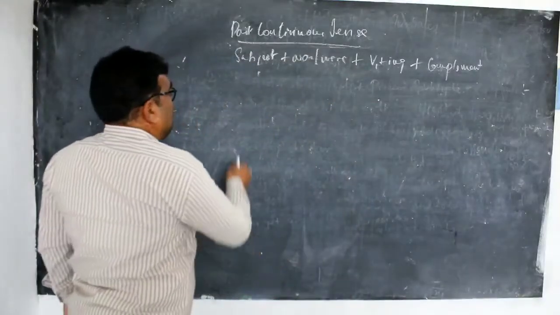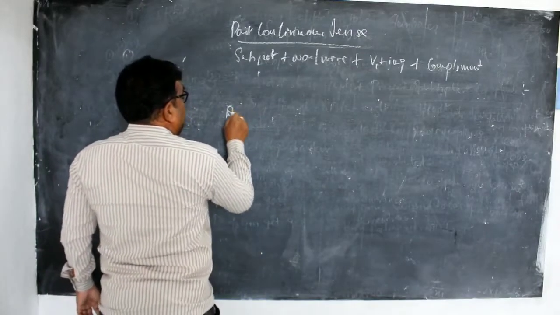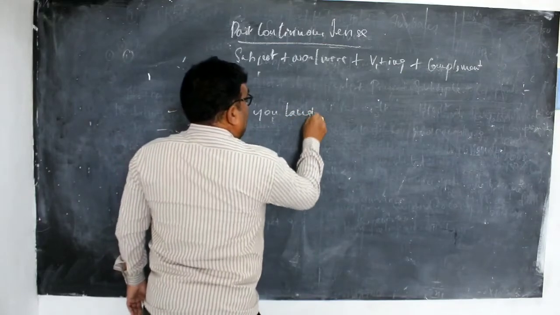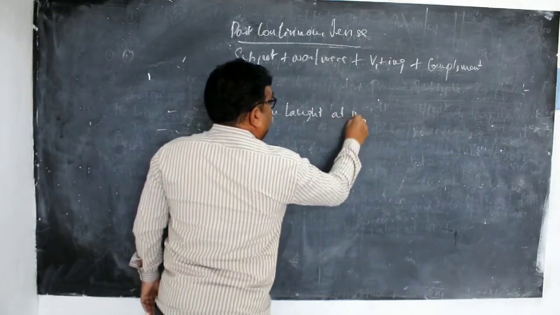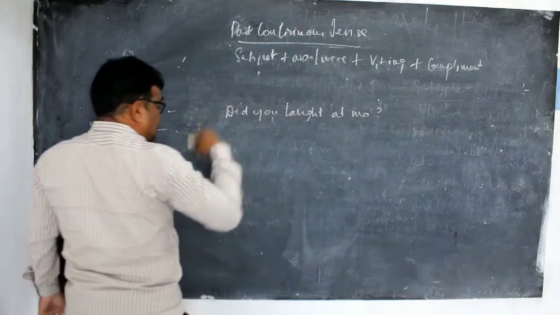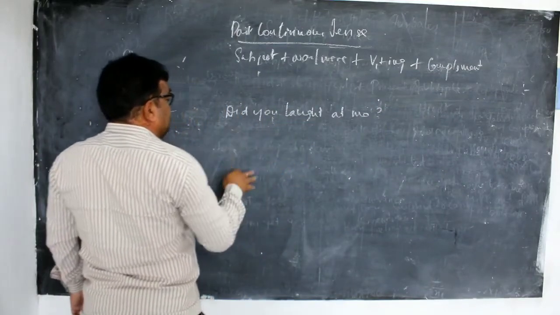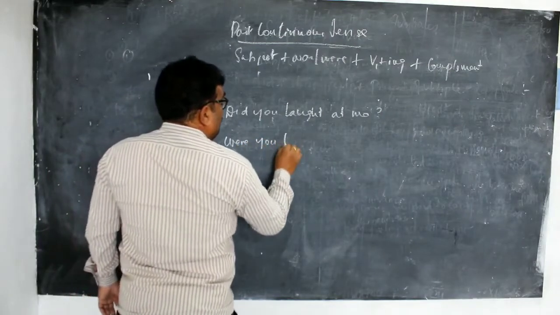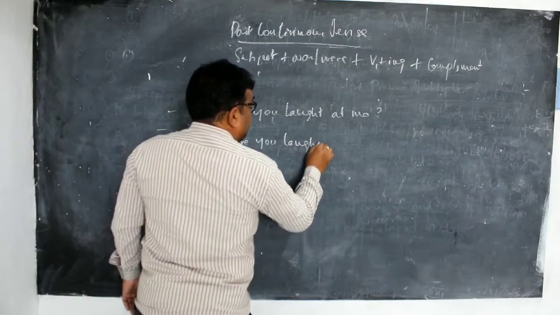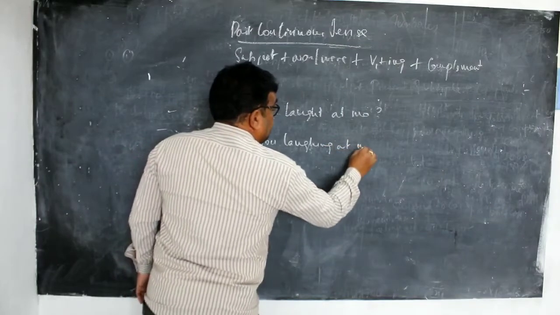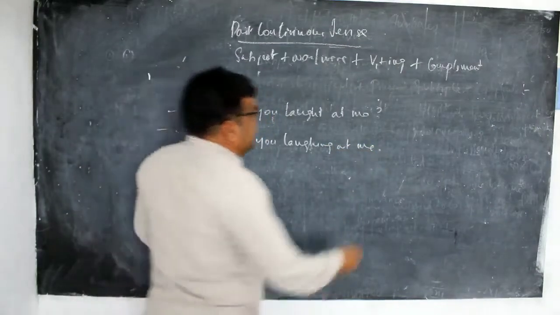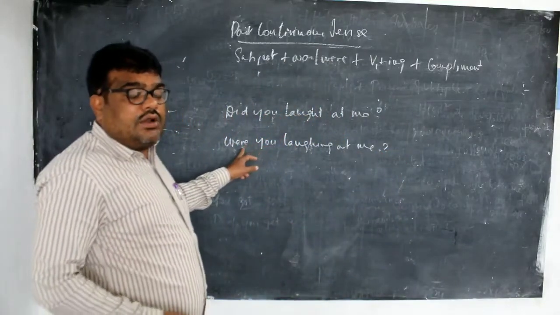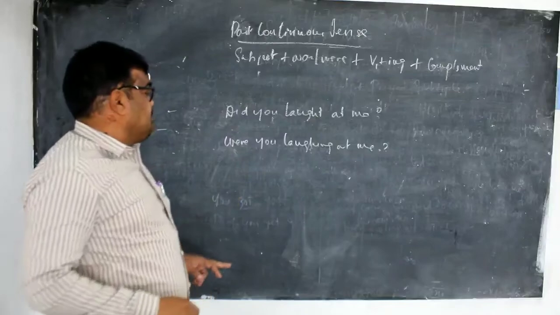Example, in the simple past, did you laugh at me? If I write this in the past continuous, were you laughing at me? Both examples talk about an action completed in the past.